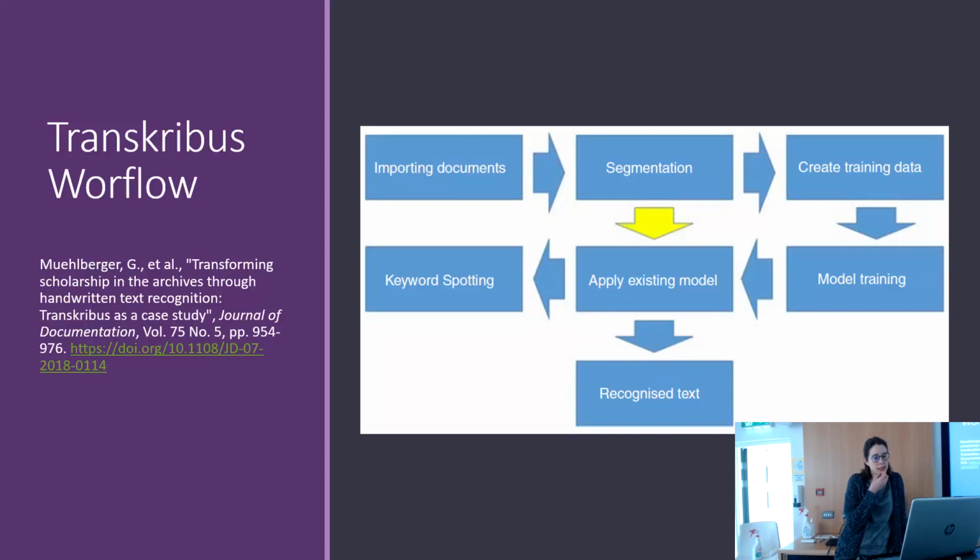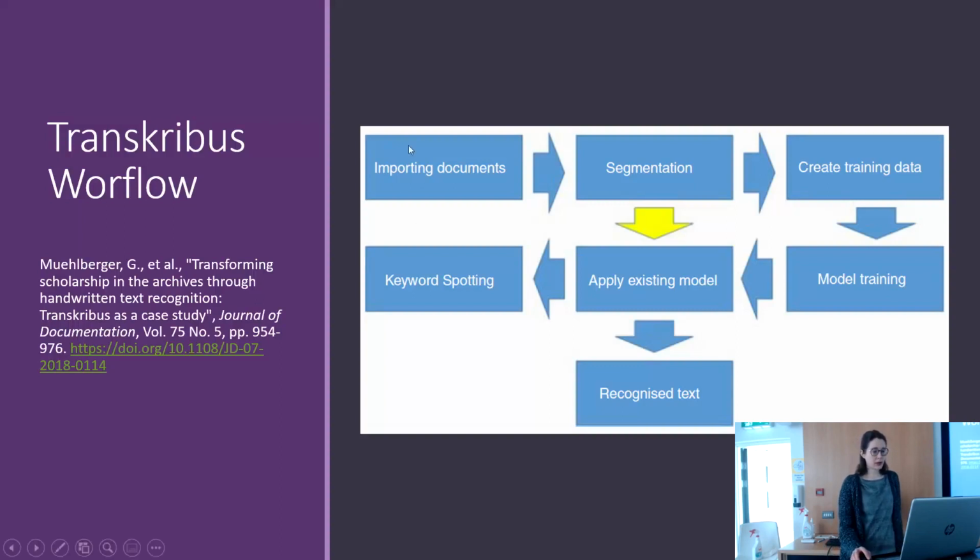This is the Transkribus workflow that you always need to have in mind when you work with Transkribus. I took it from an article, I believe this one, Transforming Scholarship in the Archives Through Handwritten Text Recognition: Transkribus as a Case Study. It is the main article and the main paper if you want to understand the history of Transkribus and what Transkribus can do.